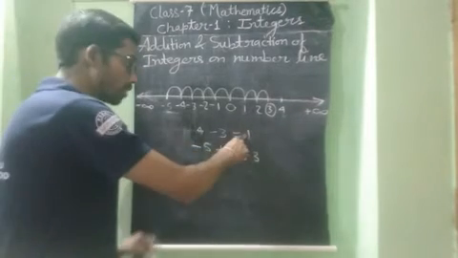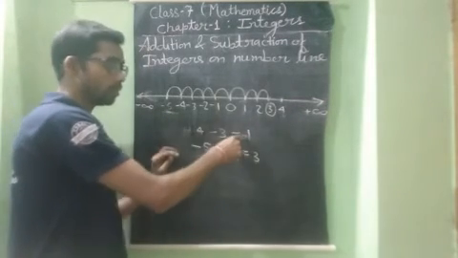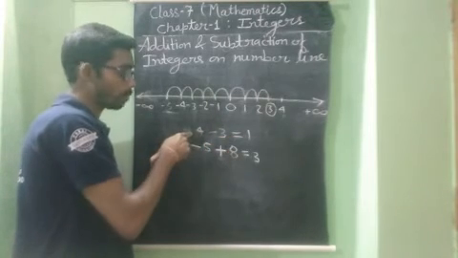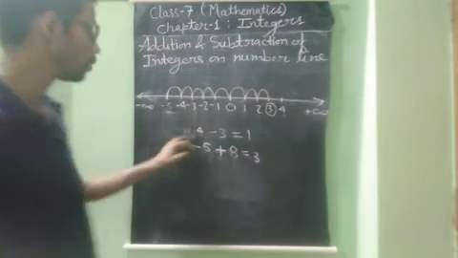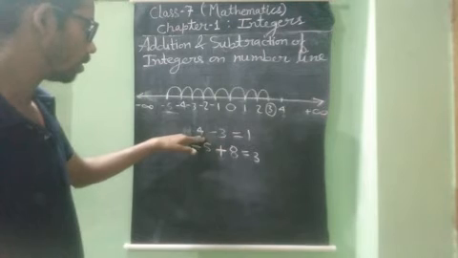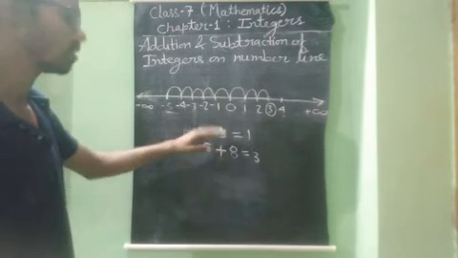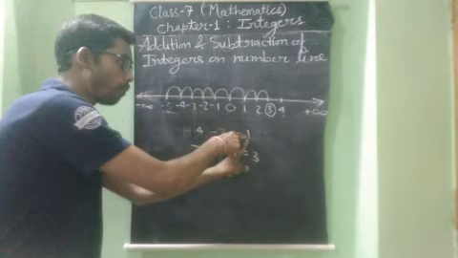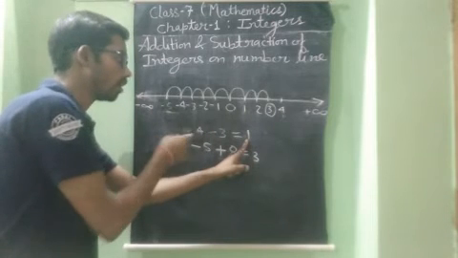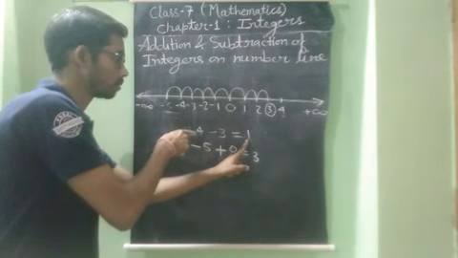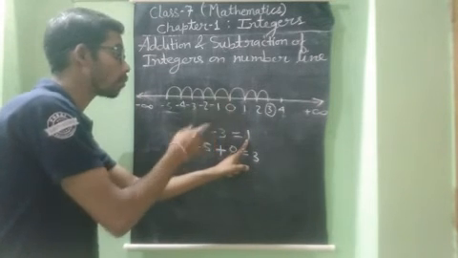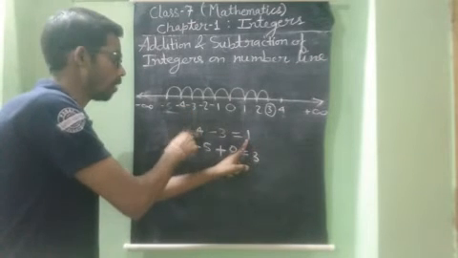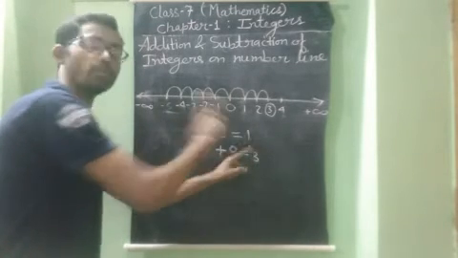The positive sign occurs from 4, the bigger number, and 3 is the smaller number. 4 has positive sign, so there is a positive sign.